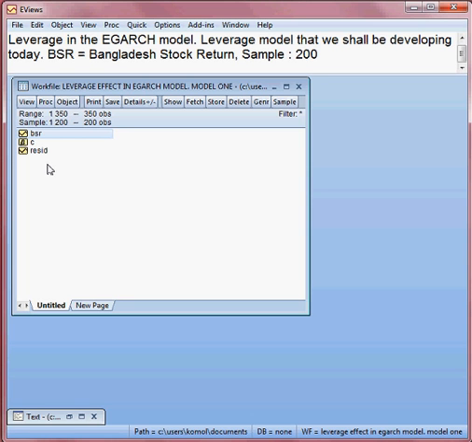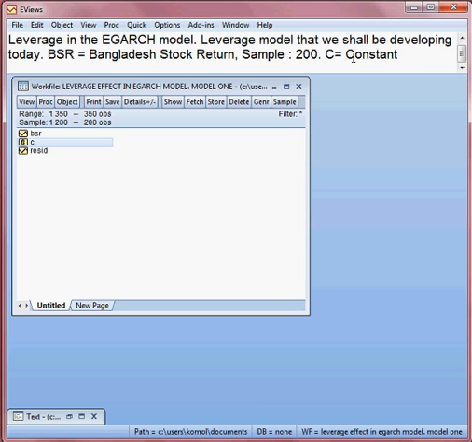And we also have another variable, C. What is C? C is the constant of the model.